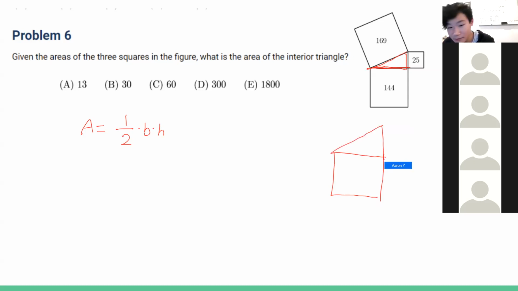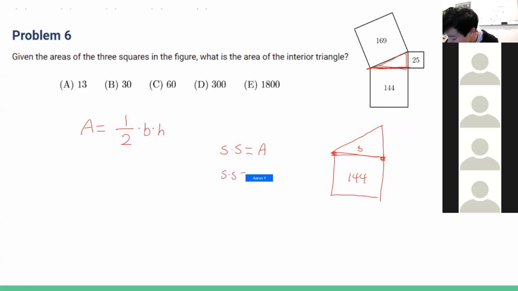So for example, they do have their edge on the triangle. So let's just look at the 144 square. Whatever this edge of the square is also the edge of the triangle. Or in this case, that would be the base. So base of the triangle. So how do we find one of the edges of this square? Well, we know that on a square, the side times the side equals the area. And we have the area, right?